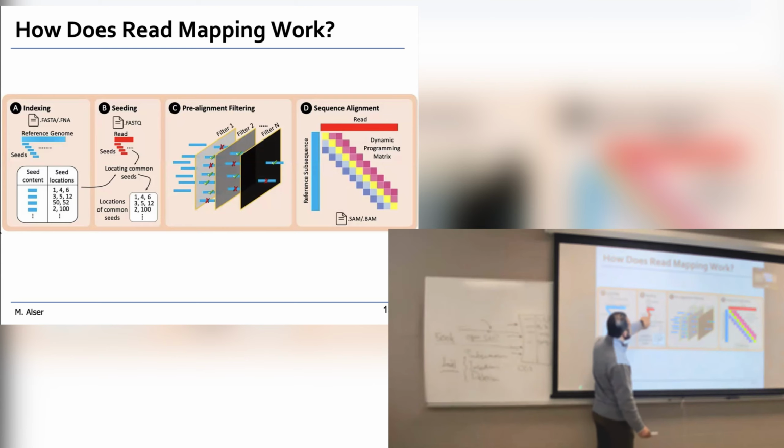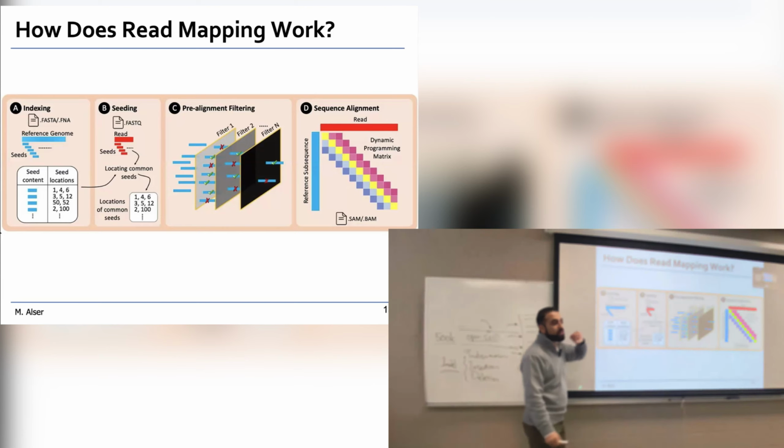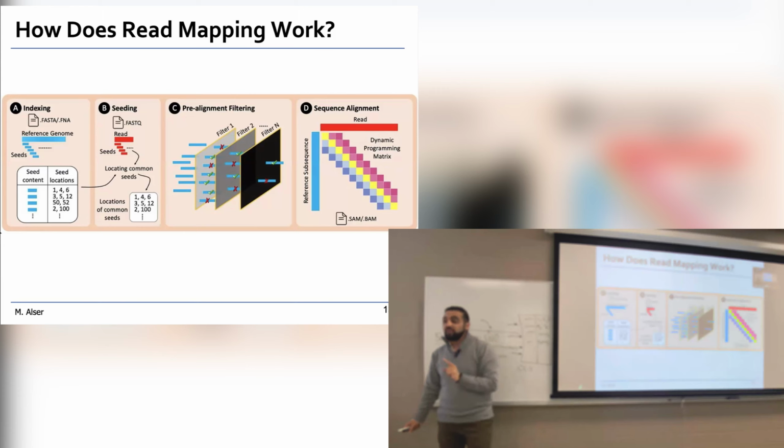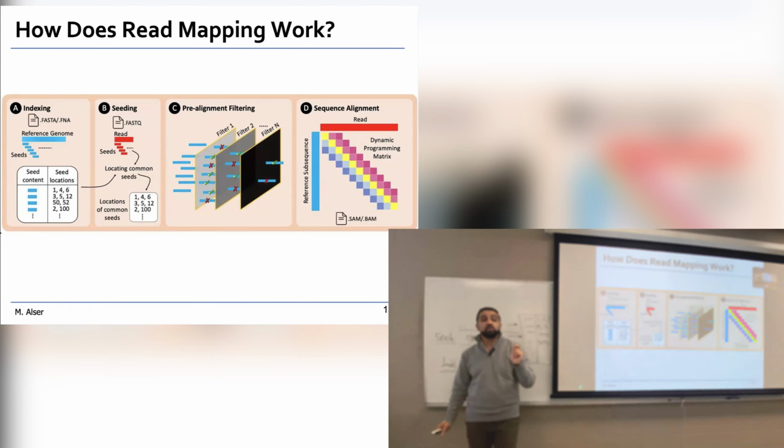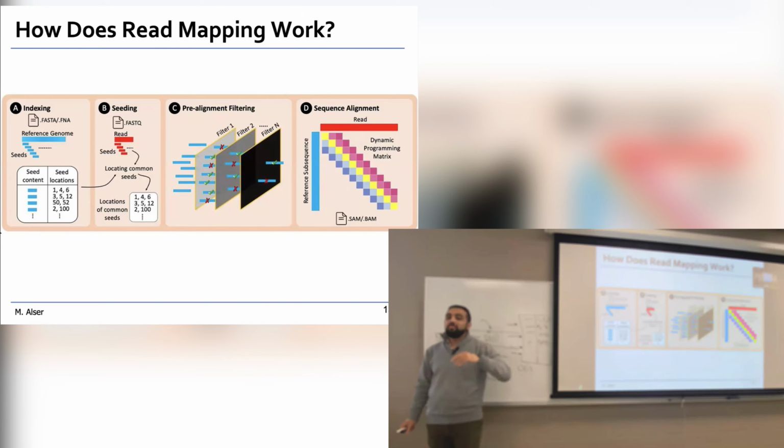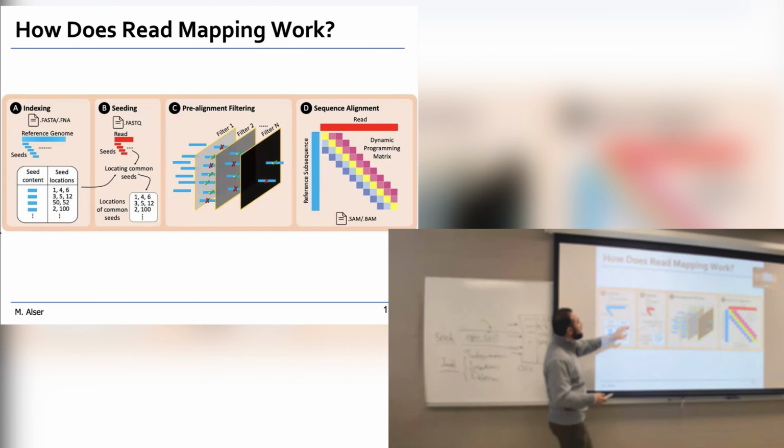Seeding is doing exactly the same thing as we do with the reference genome. However, there are fundamental differences: we don't store these things. Once we extract them, we don't store them anywhere, okay? We don't store them in a hash table. We might store them temporarily, depending on your program. If you decide to do so, that's up to you, but you don't have to. You can scan them in the hash table.